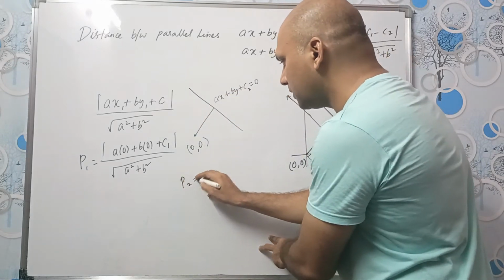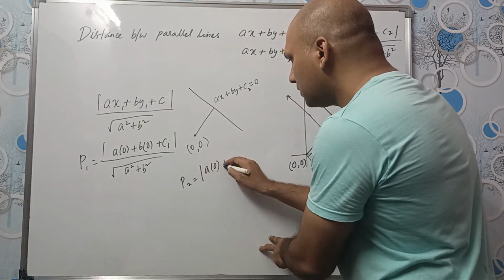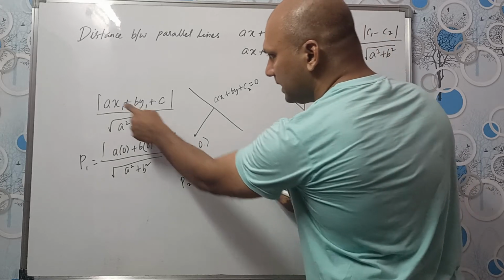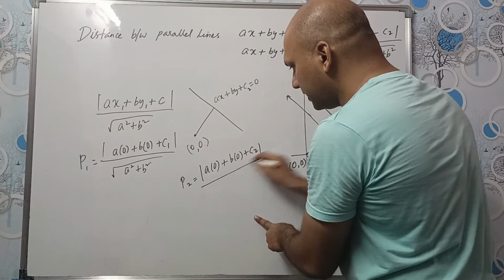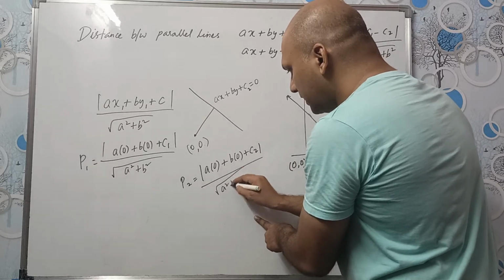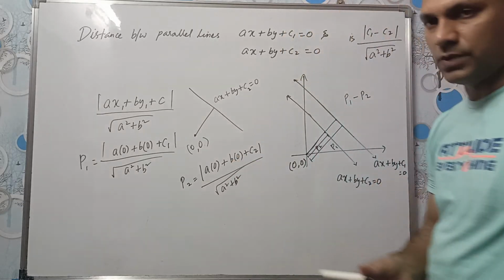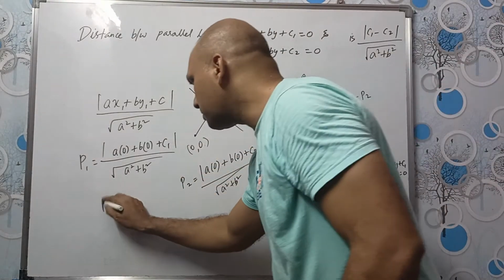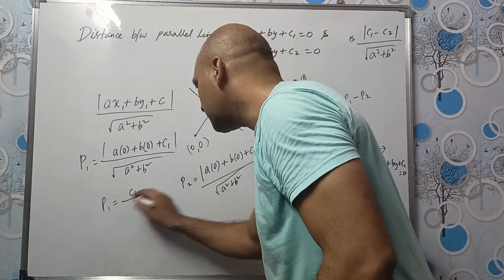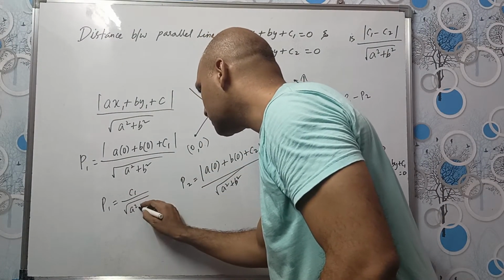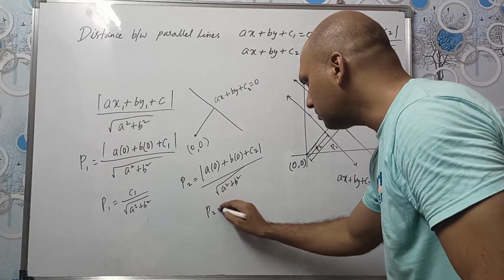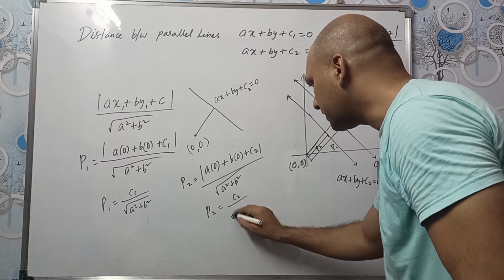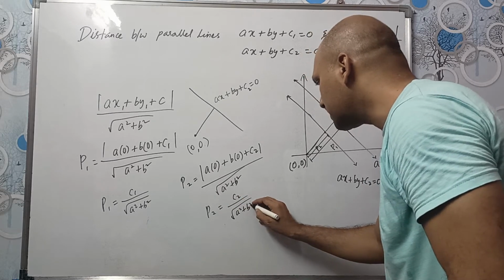So P2 will be equal to a into 0 because x1 is 0, b into 0 plus c2 divided by root of a square plus b square. This is P2 now. So P1 is c1 divided by root a square plus b square inside the modulus, and P2 is c2 divided by root a square plus b square.